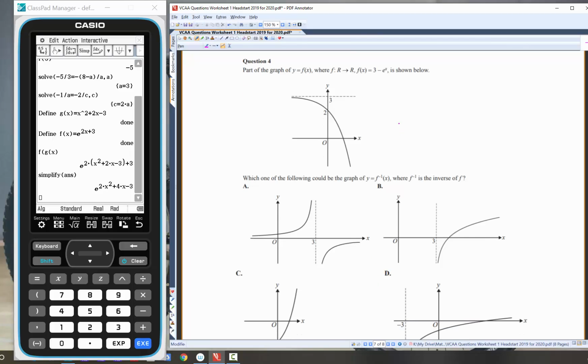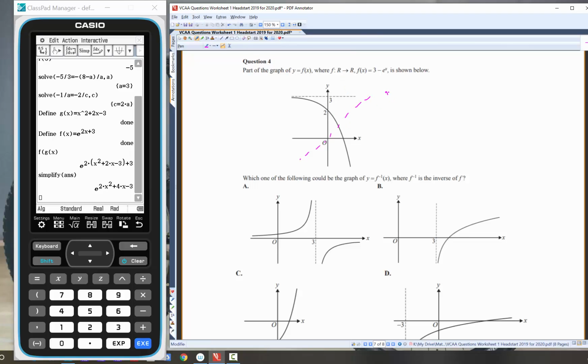Okay, we've got an exponential here, and the inverse of an exponential will be a logarithm. How would I do this one? Let's just do this via that technique I tend to use, which is that.